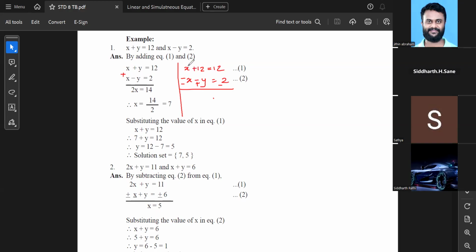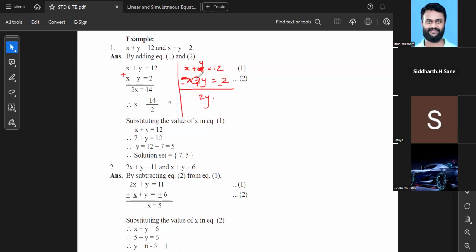So what happens over here in this case? Two negative signs, you'll get confused. So x minus x, in this case, x got eliminated. Then what happened over here? You have y over here and again plus y. y plus y, you'll get 2y.